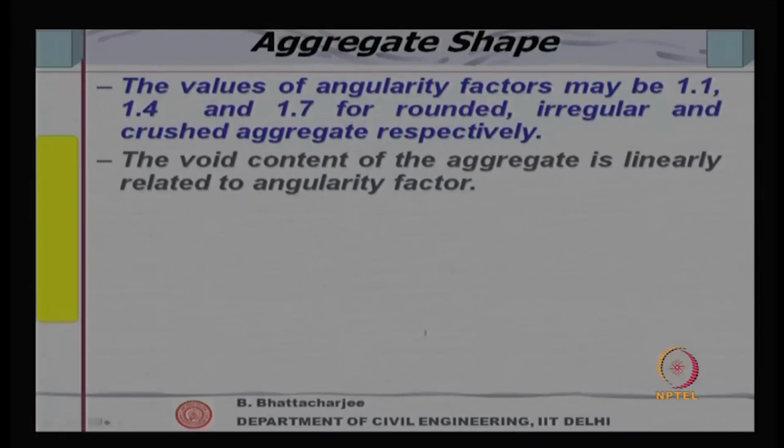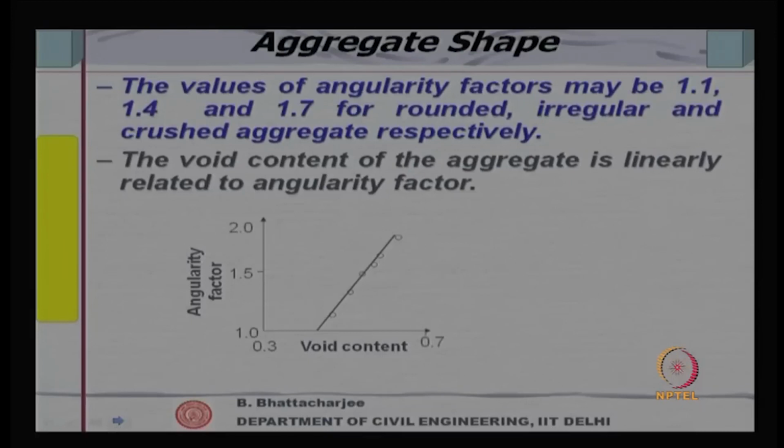If you plot this graph, it has been observed that void content increases with angularity factor. As the angularity factor increases, that means it is now more angular in shape, and void content increases. So, that is why the shape is important.